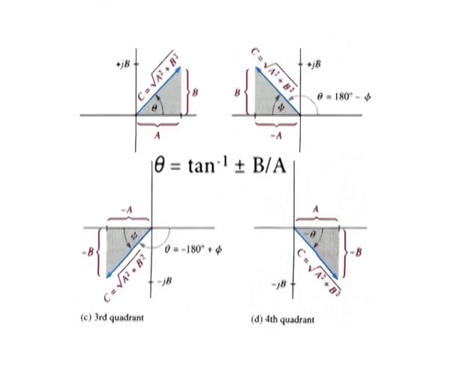Theta is equal to plus or minus 180 degrees minus or plus tan inverse B over A. In each case, the appropriate signs must be used in the calculation. The general formula for converting from rectangular to polar is plus or minus A plus or minus jB equals C angle plus or minus theta.